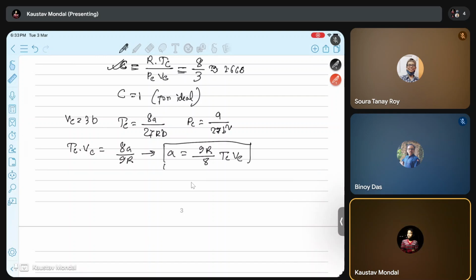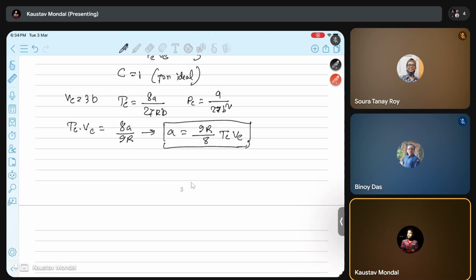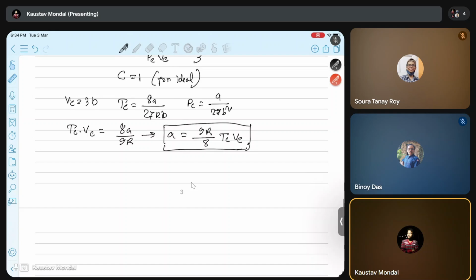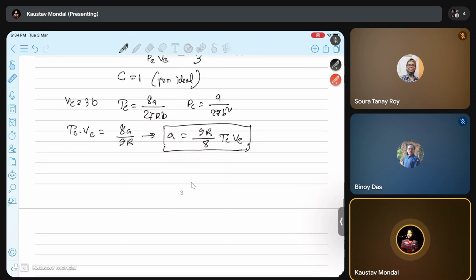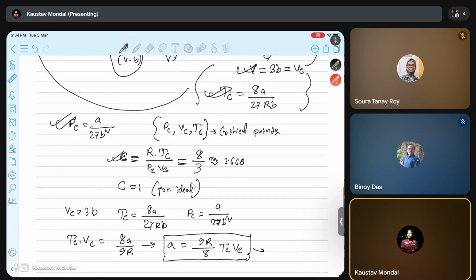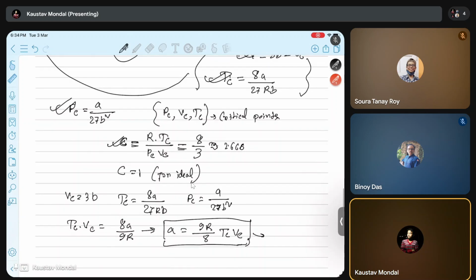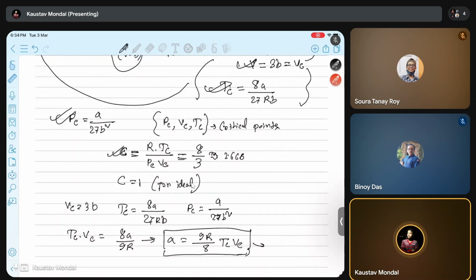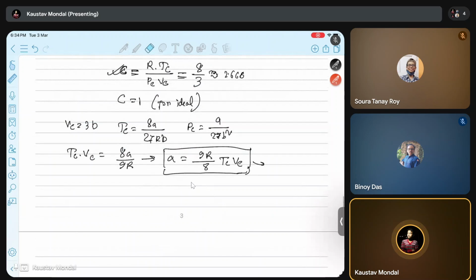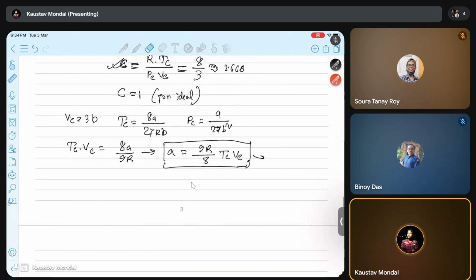Similar way you can also calculate Vc also. Now this is the way. You can also calculate the other things, right?